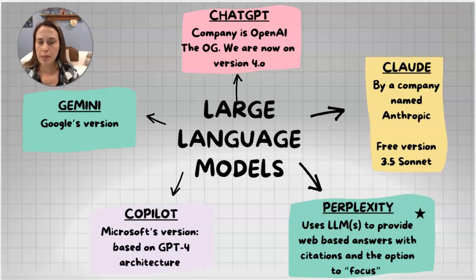It's also worth mentioning here that these are not all trained exactly the same, but the essence of what they do is similar. The next one on the list over here is Perplexity. And this one is a bit different in that it is trained to, when it answers a question for you, cite itself.